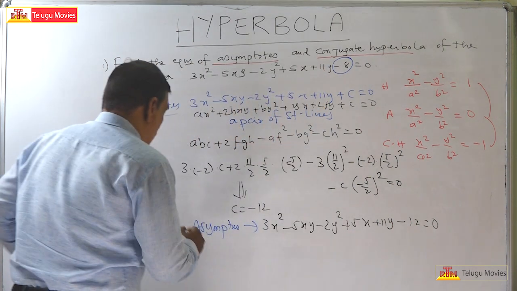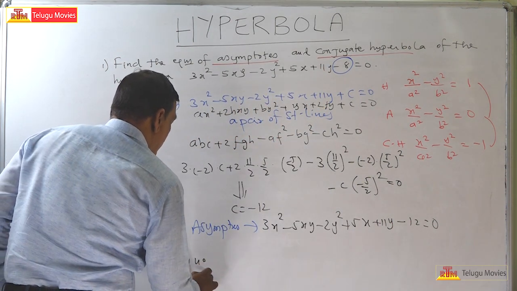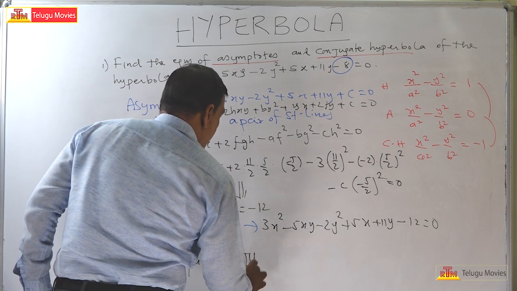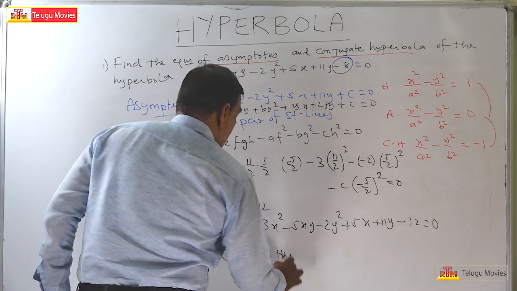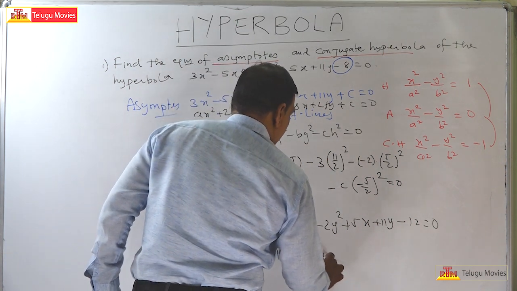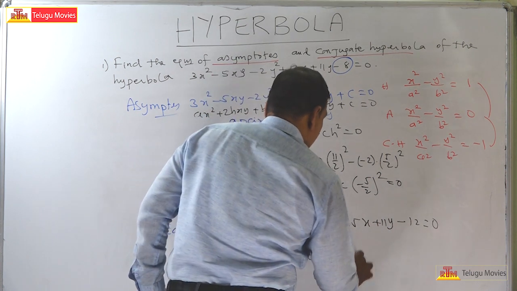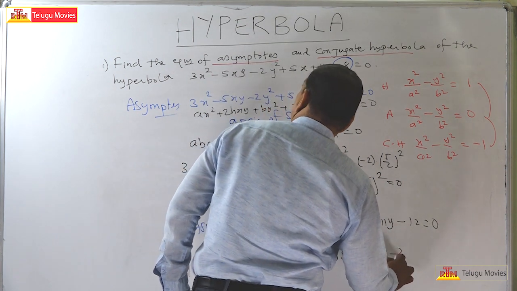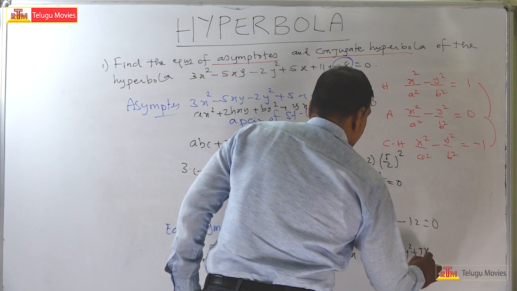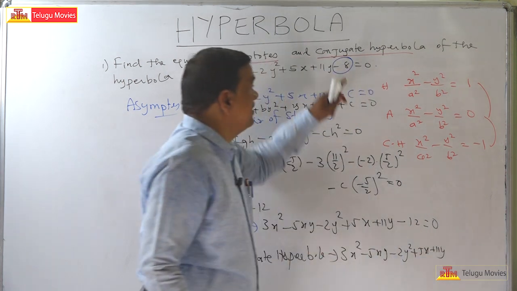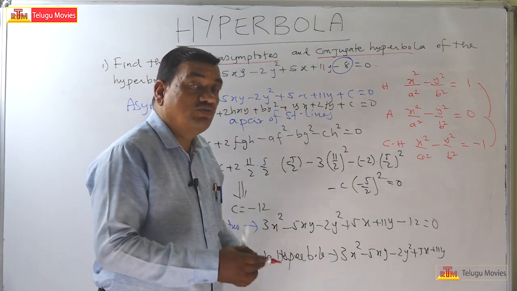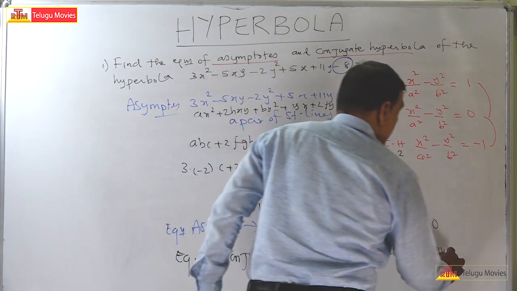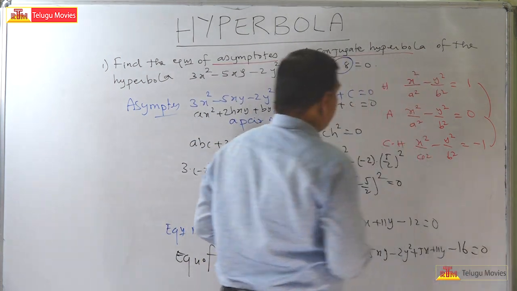Therefore, the equation of the conjugate hyperbola is given by 3x square minus 5xy minus 2y square plus 5x plus 11y, and now the constants: minus 8, minus 12, minus 16. The difference between minus 8 and minus 12 is 4.